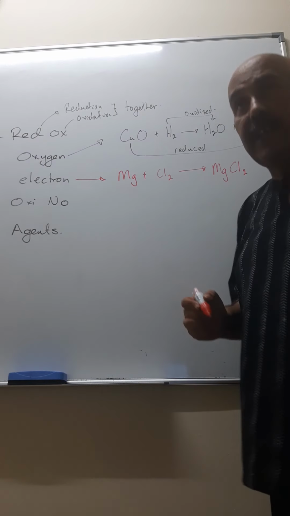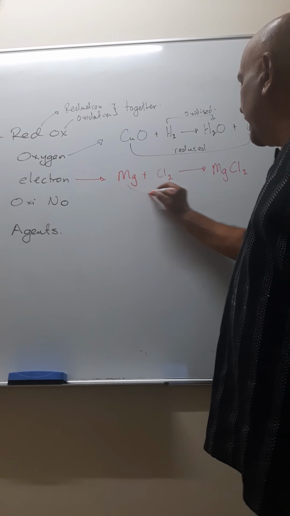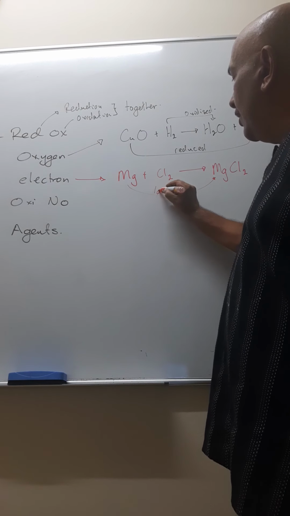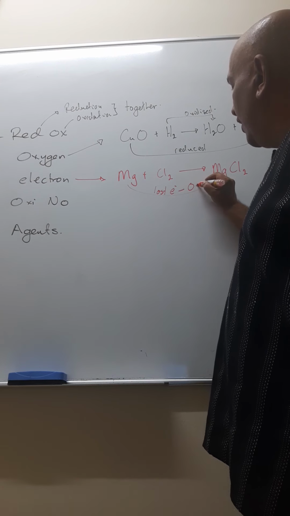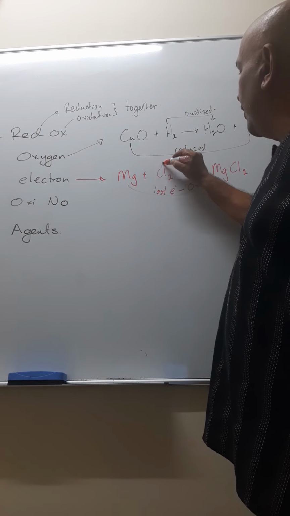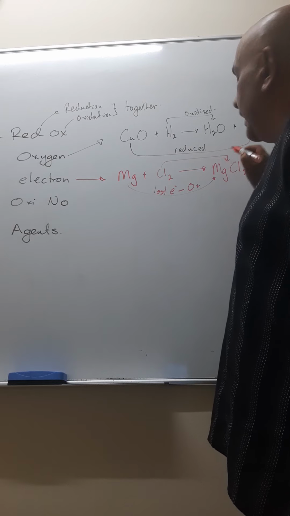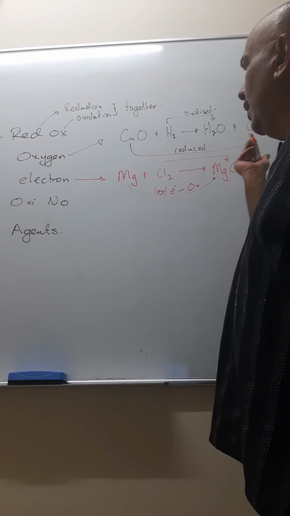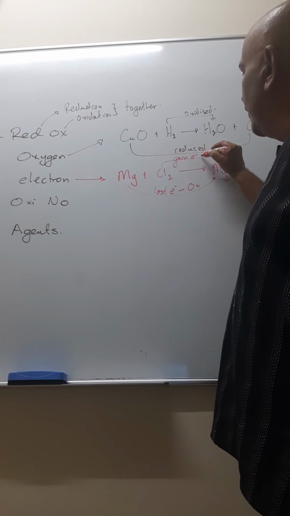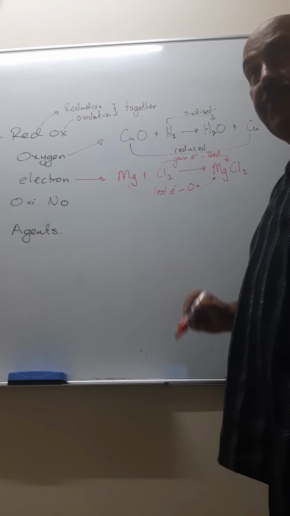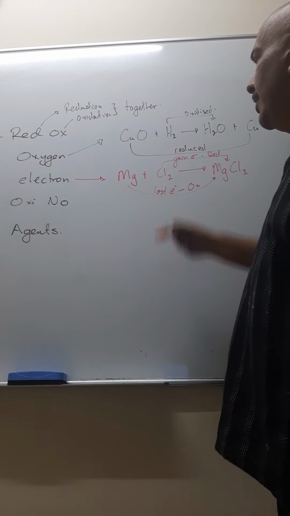So this is an ionic equation. You know that magnesium has lost electrons, so it is oxidized. Chlorine has become chloride. So what we understand, chlorine gained electrons, so it was reduced. Okay with that? Yeah. So that's a variety.